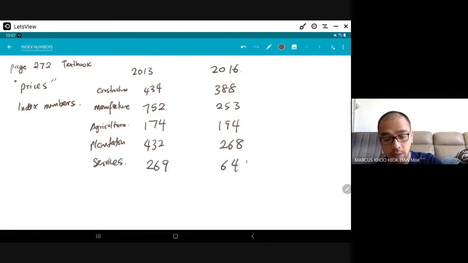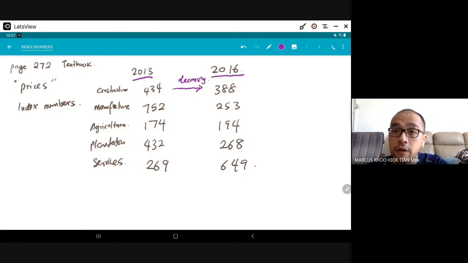Now, if you take a look at this, this is 2013 and this is 2016. We find that for construction, the number of workers is decreasing. 434 decreased to become 388.